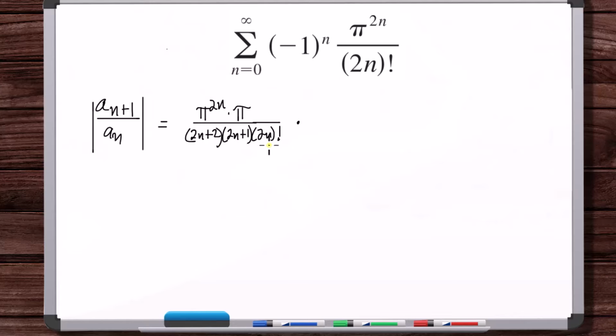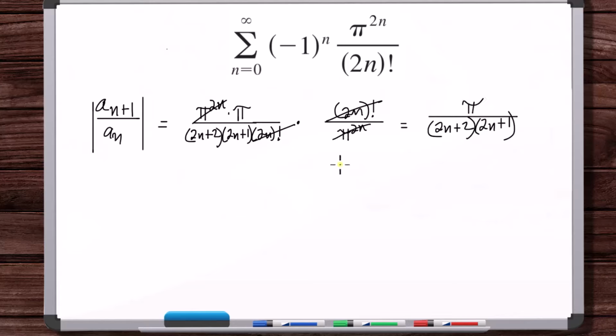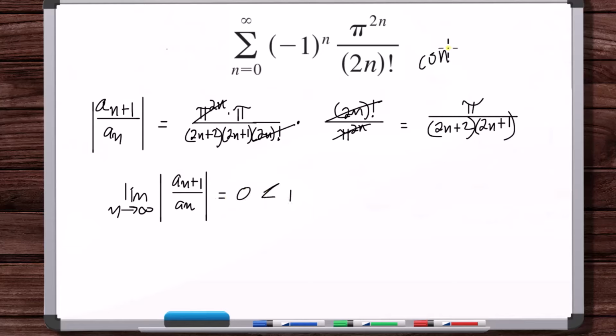You see that? That's 2n plus 2 factorial. So then we've got pi to the 2n. So this should work really well. The limit as n goes to infinity is equal to, we can see it's 0. That's less than 1, so this is convergent.